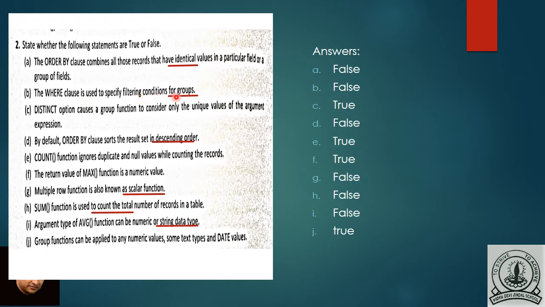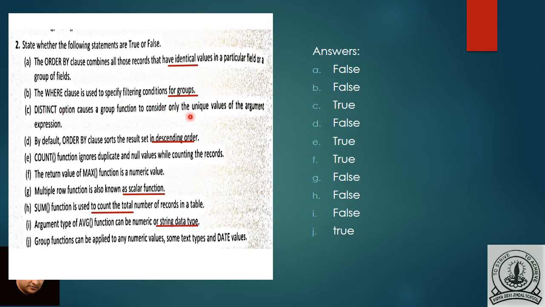Next, the where clause is used to specify filtering conditions for groups. It is false. You know, having clause is used along with groups, not where. Third, distinct option causes a group function to consider only unique values of the argument expression.